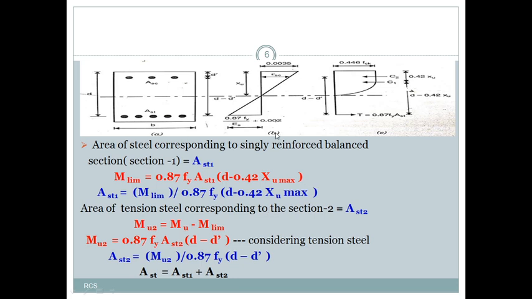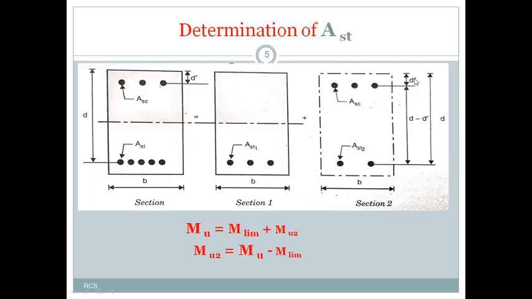The force in the tensile reinforcement corresponding to section 2 is 0.87 Fy AST2. And what is the perpendicular distance between these two?